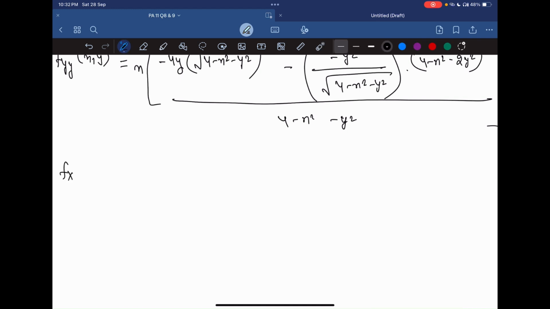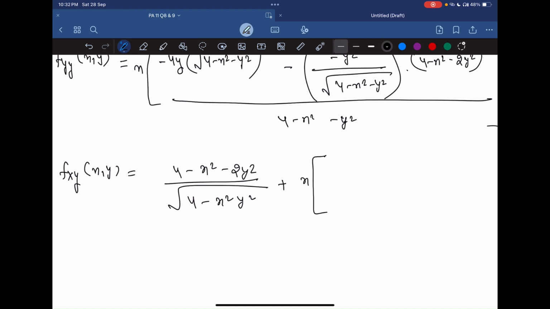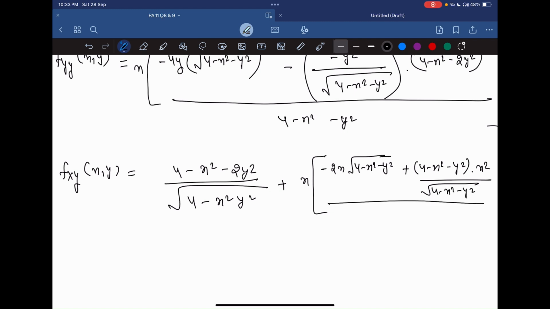And now also calculate fxy at the point x comma y, so it would be 4 minus x square minus 2y square, x into, plus 4 minus x square minus y square into x square divided by 4 minus x square minus y square, the whole divided by 4 minus.